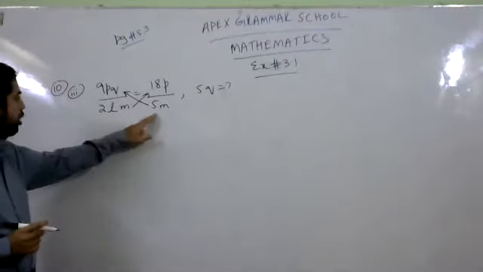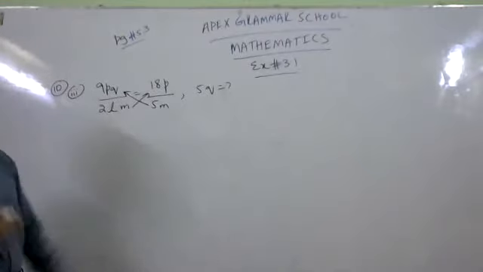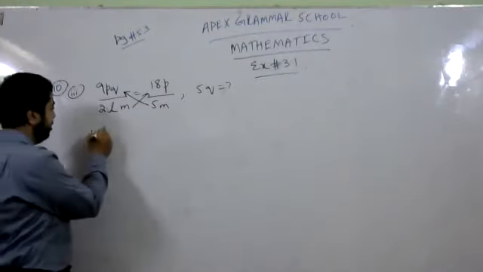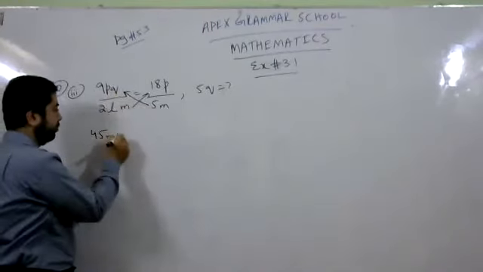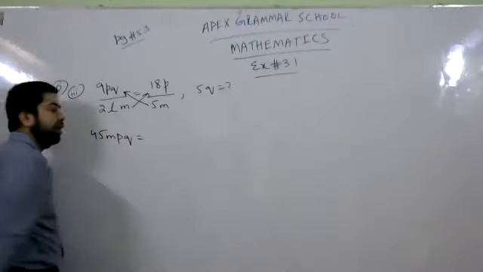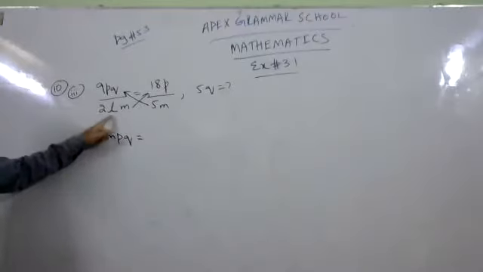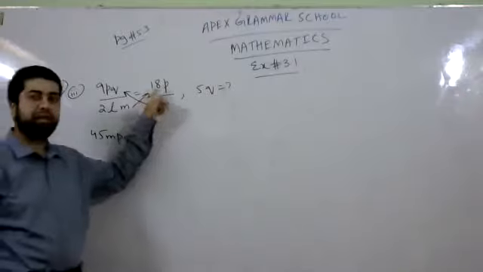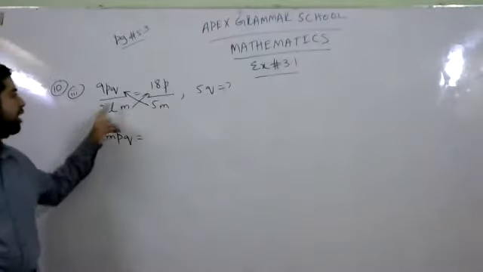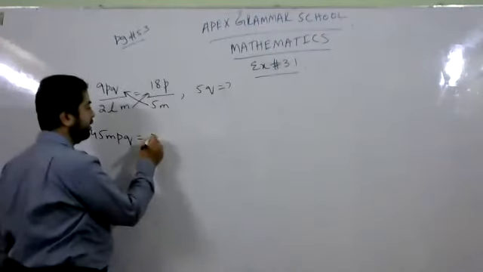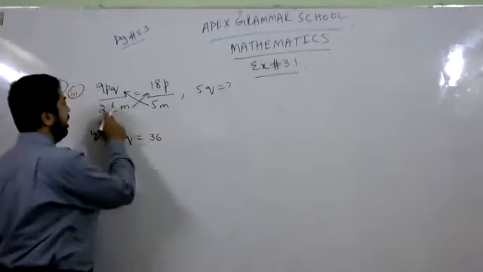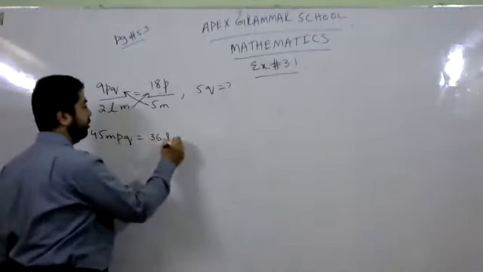This 5 will multiply with this 9, 5 nines are 45, mpq. And this 2lm will multiply with this 18p. So 2 multiplied by 18 makes 36lmp.